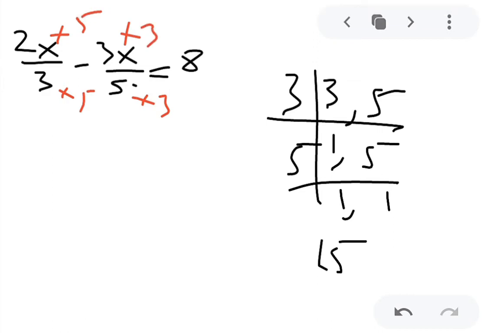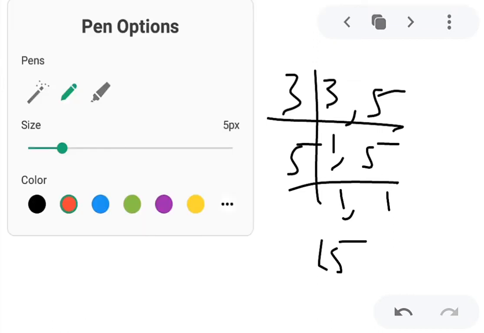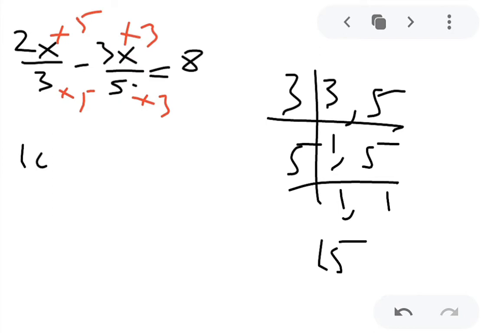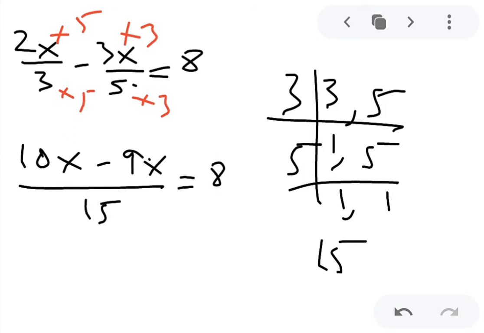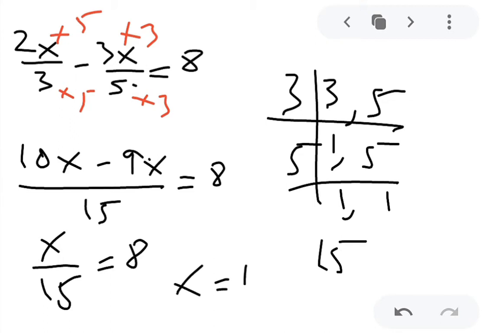Why? Because we want 15 over here. So what happens is 10x minus 9x upon 15 equal to 8. So x upon 15 equal to 8. So x is equal to 15 eighths.